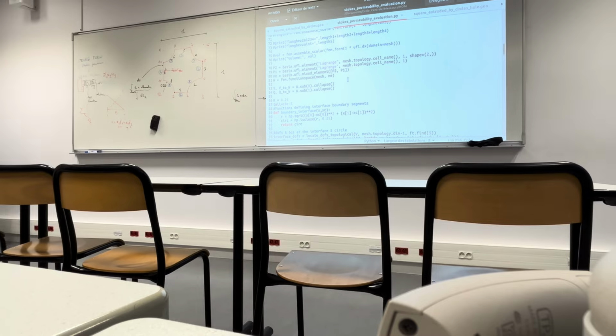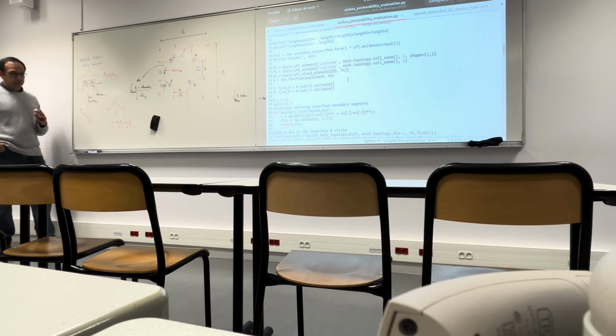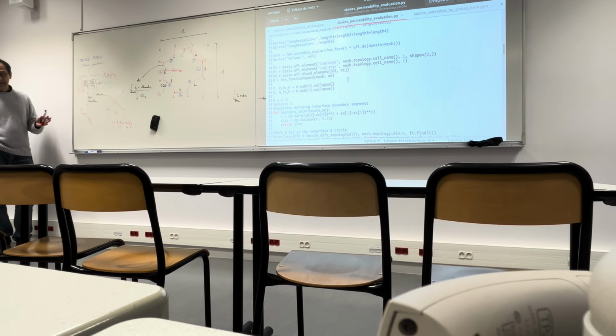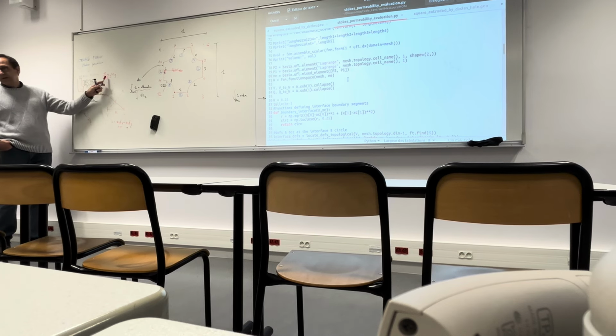So this is what you are typically doing in finite elements. So you assign an approximate form of the solution as a linear combination of suitable shape functions defined on every element, and you reduce your problem to finding the coefficients of the linear combination of these functions.